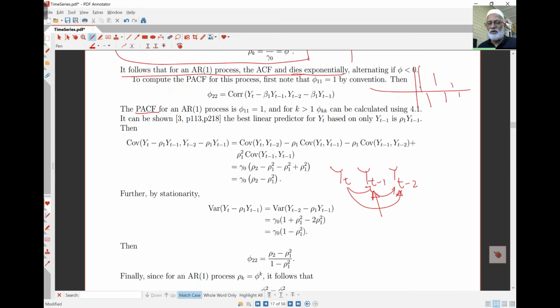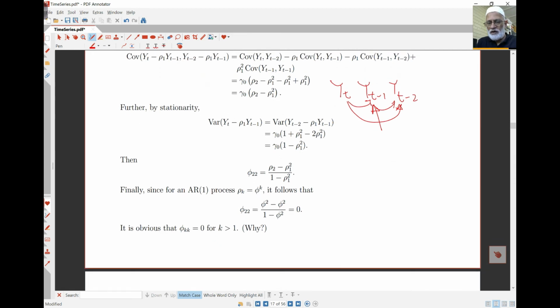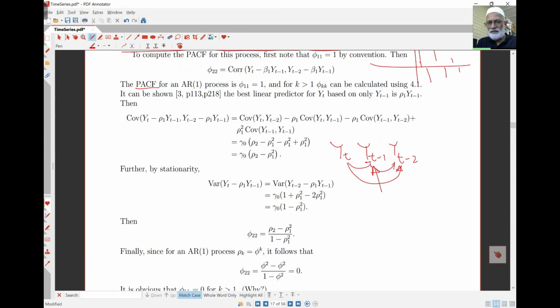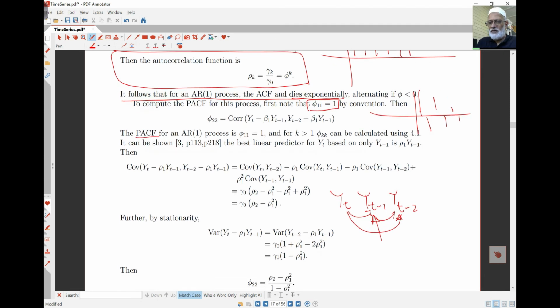So for the AR1 process, what we find here is that all the partial autocorrelations are 0, except for the first one. This is defined by convention. So between yt and yt minus 1 for the AR1 process, there's a correlation. Between yt and yt minus 2, no, there isn't anything.